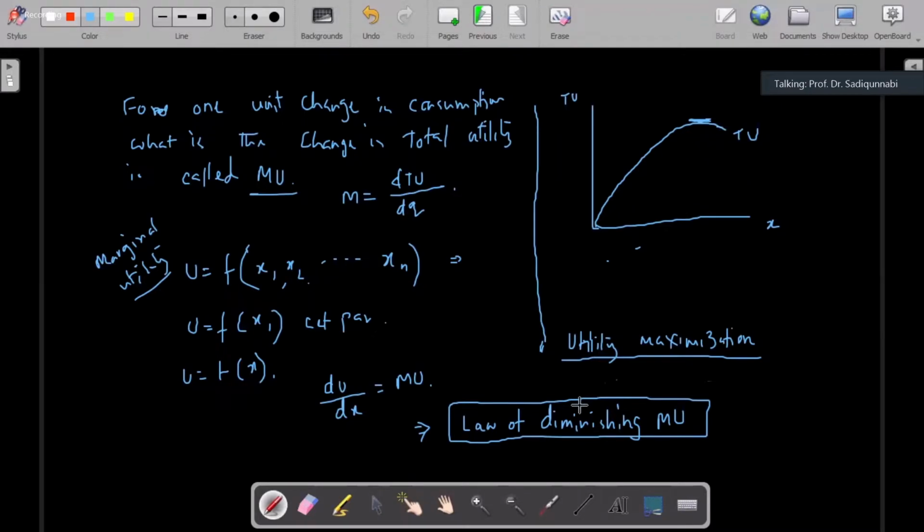Now, can you tell me how the marginal utility curve looks like? You see that the marginal utility curve is following the law of diminishing marginal utility.